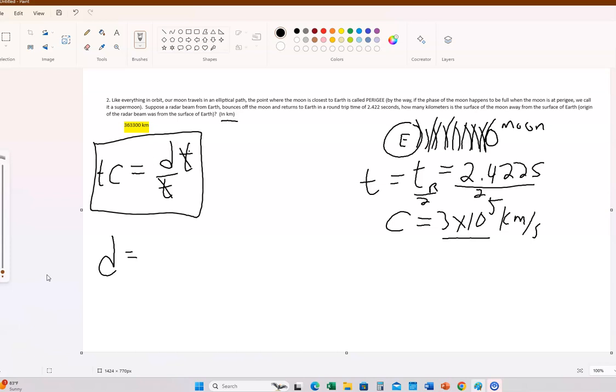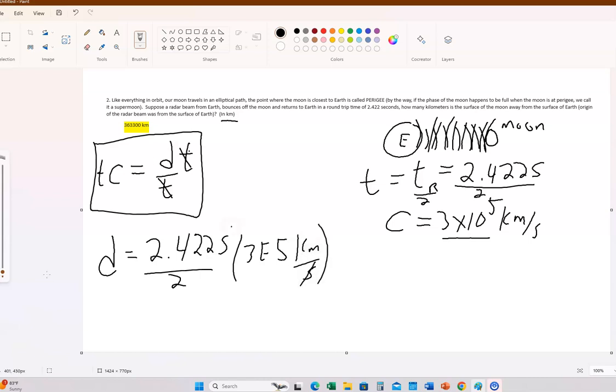So it's 2.422 seconds divided by 2, because that's the round trip time, times the speed of light, which is 3 E 5. The E just means times 10 to the 5th. Of course, it's kilometers per second. Notice the seconds cancel, and that leaves us an answer in kilometers.